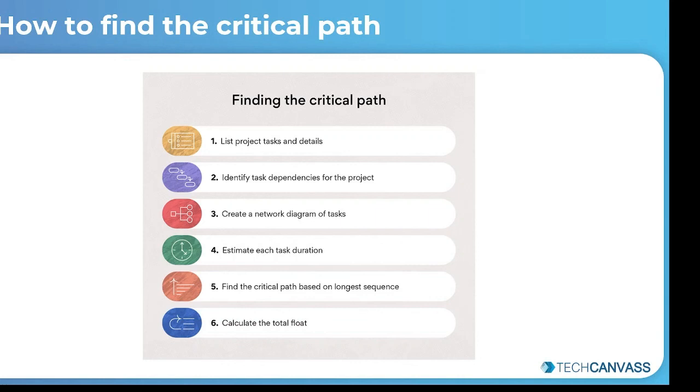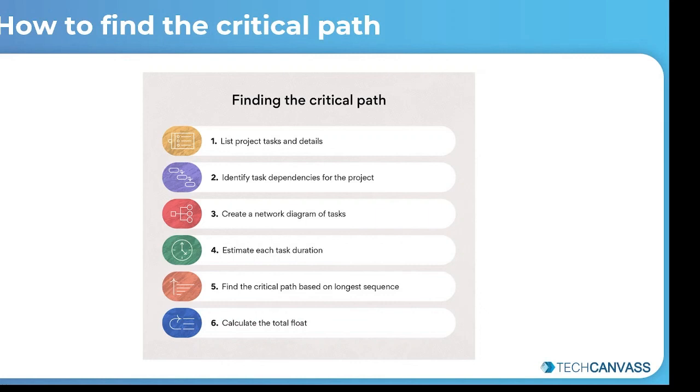The fourth step is to estimate each task duration. To calculate the critical path, the longest sequence of critical tasks, you first need to estimate the duration of each activity. To estimate the duration, you can try making educated guesses based on experience and knowledge.